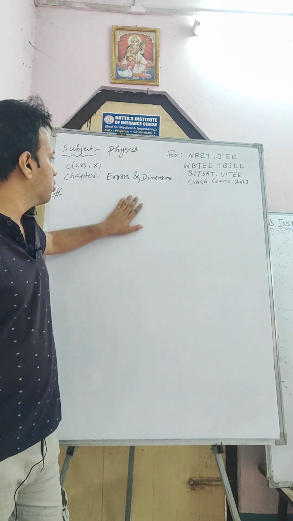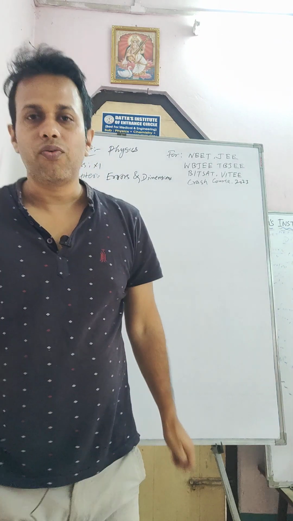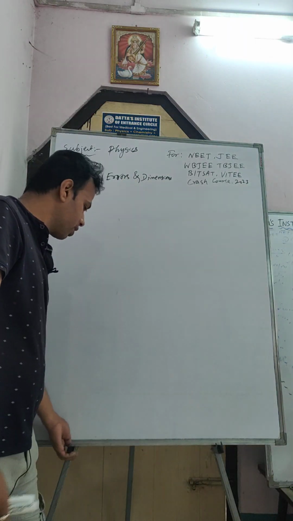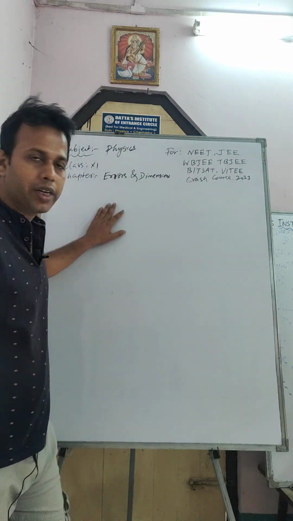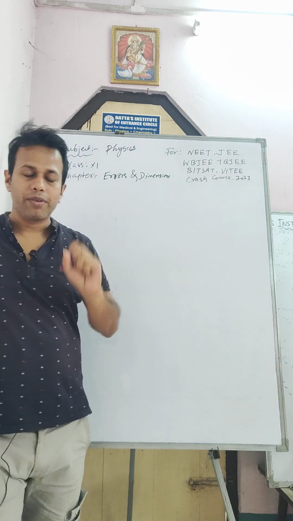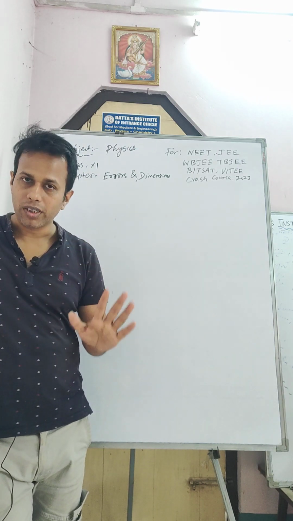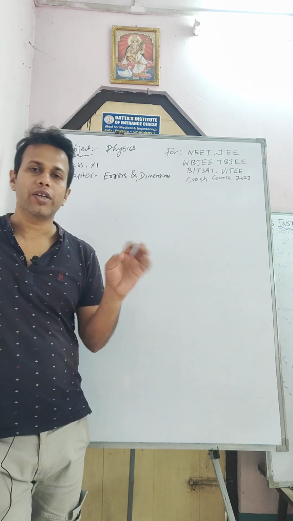Okay. So the video of the lecture will be a little bit longer, near about 50 or 60 minutes. So first we will study the errors part. Okay, what is error, what are the types of errors. I will just write down the main important points or formulas. After that we will do some previous year questions, 7 to 8 questions.